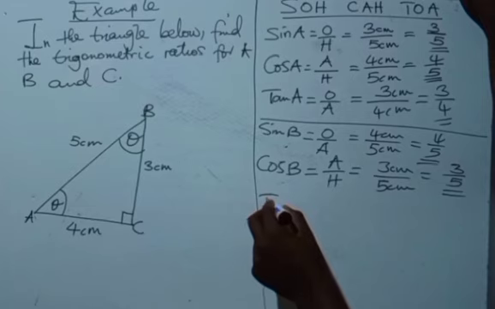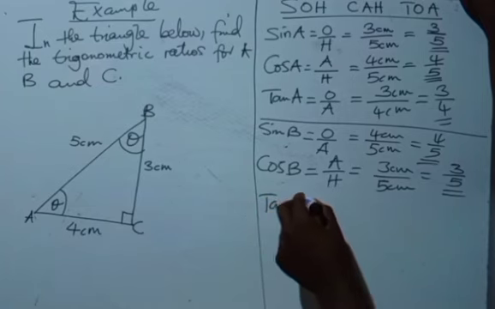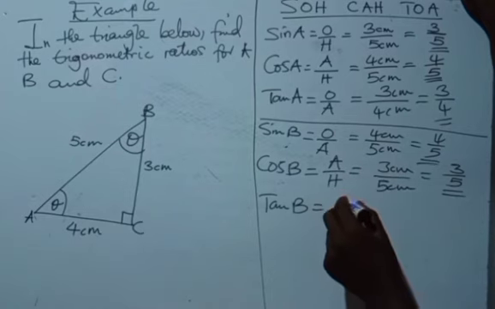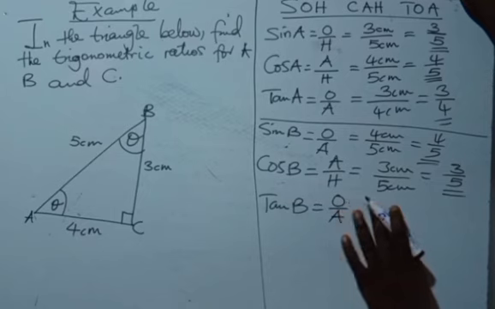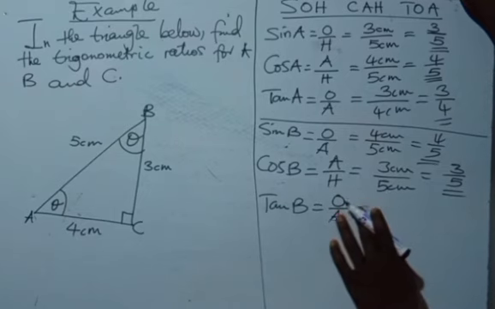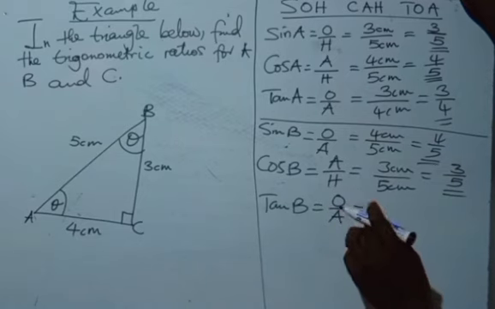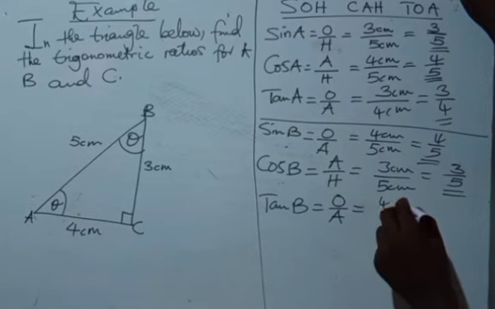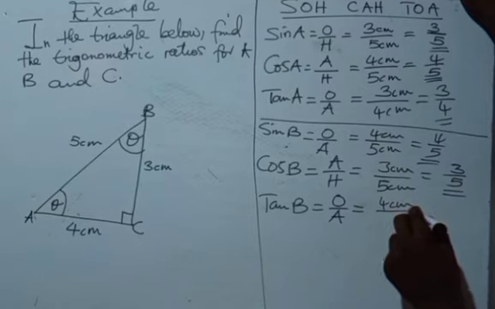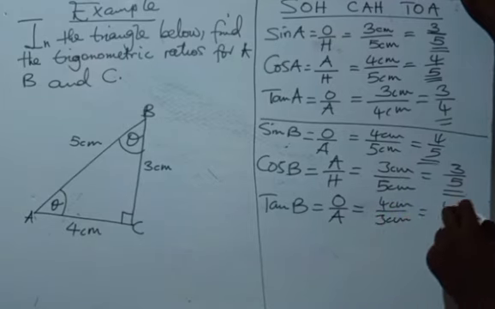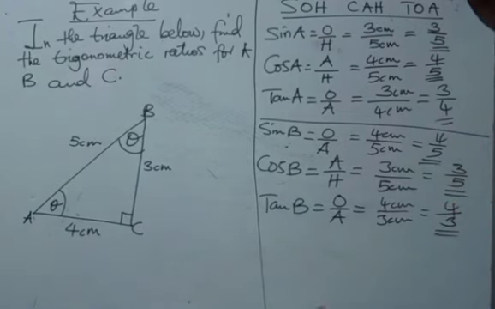And finally, we have tan B, which, from SOHCAHTOA, is opposite over adjacent. Our opposite of B is 4 centimeters over 3 centimeters, which will be 4 over 3. That is what we have.